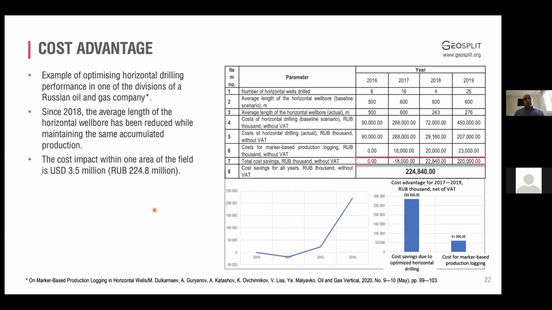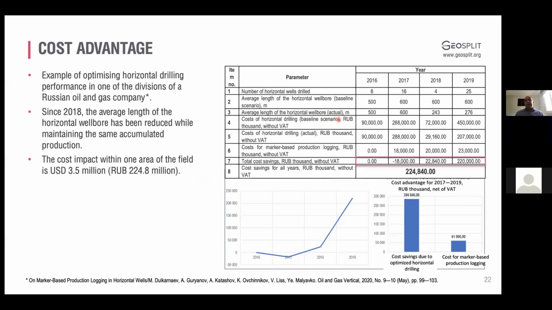So just a quick number crunching, just to show the cost advantage. This is a case back in Russia with a client that had certain AFE budgets for drilling horizontal wells over a 4-year period, and the initial strategy called to drill 500-meter horizontal sections in each of those wells.